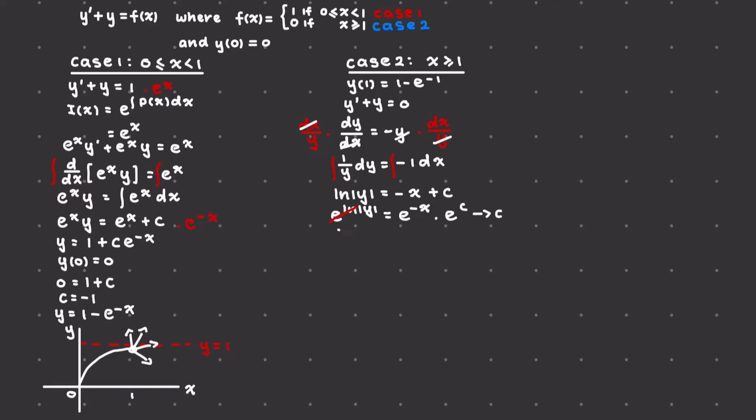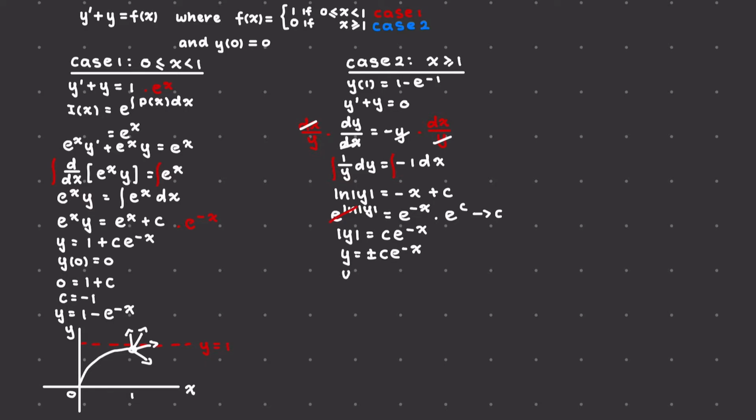So the absolute value of y equals c e to the negative x, and removing the absolute value on the left hand side, we will get plus or minus c e to the negative x. And remember, we can remove this plus or minus sign since the constant c absorbs the plus or minus sign, because a positive constant or a negative constant is just a constant.